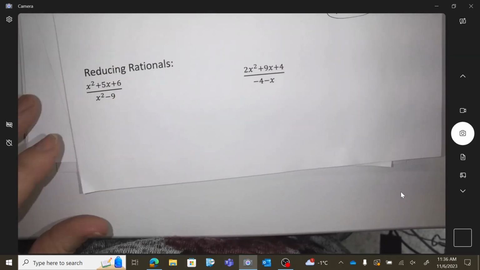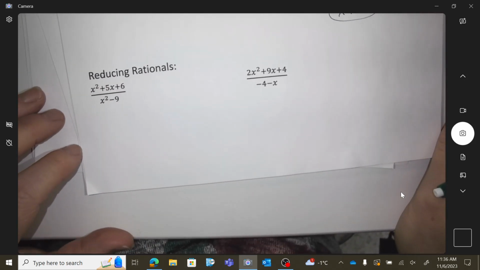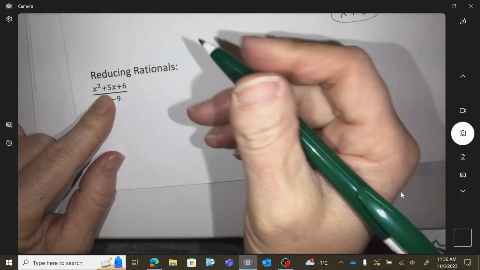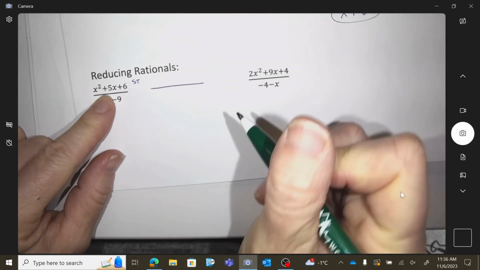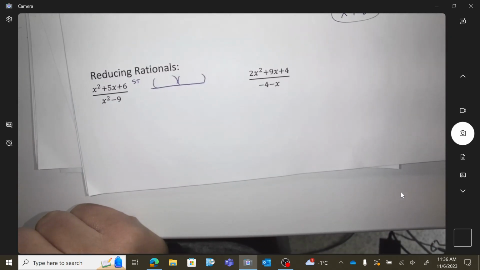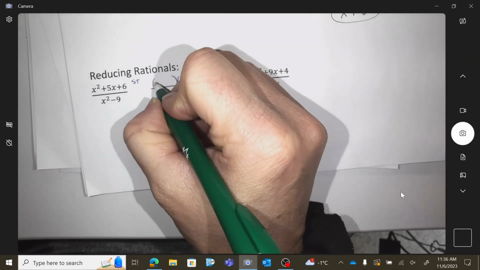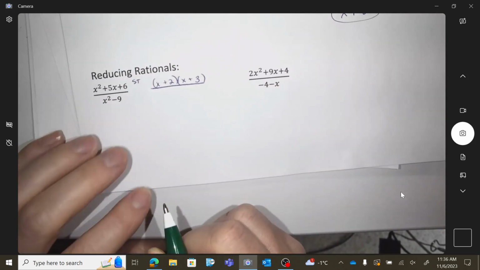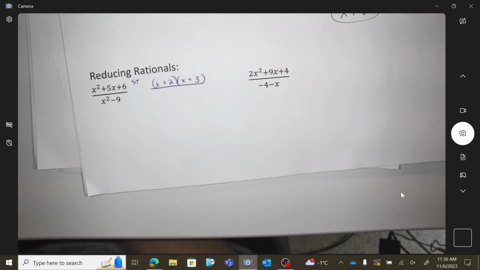Okay, reducing rationals. Factor. All right, so what do you see? Top. I need you to get me a simple trinomial. Go ahead. What multiplies to 6? Okay, what do you see on the bottom? Recognizing the styles. What's the style on the bottom?